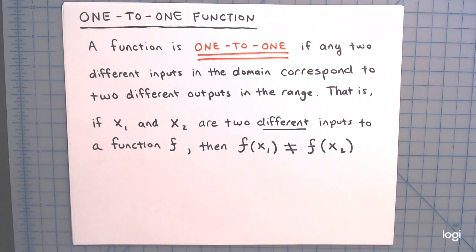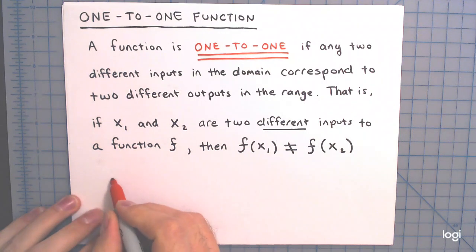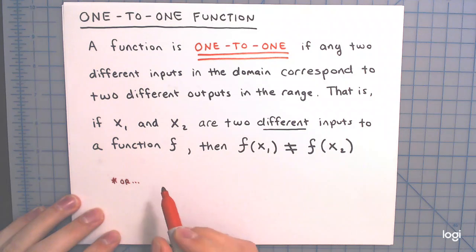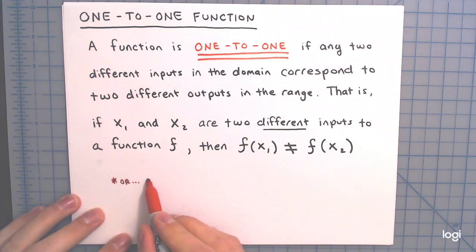So another way to state this is that each value in the range is mapped to by only one value in the domain.